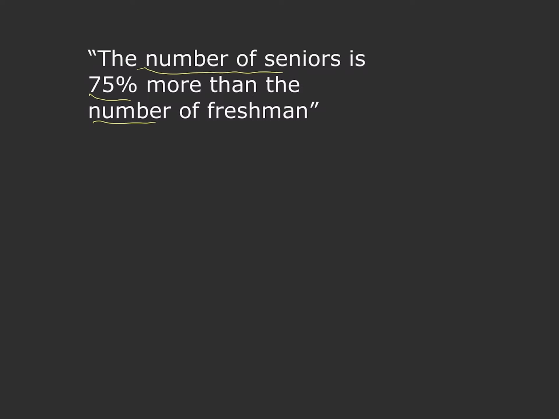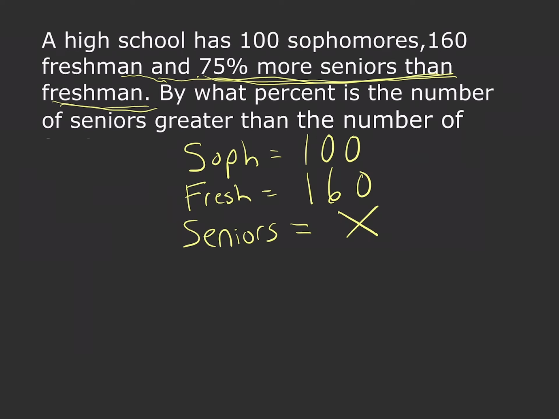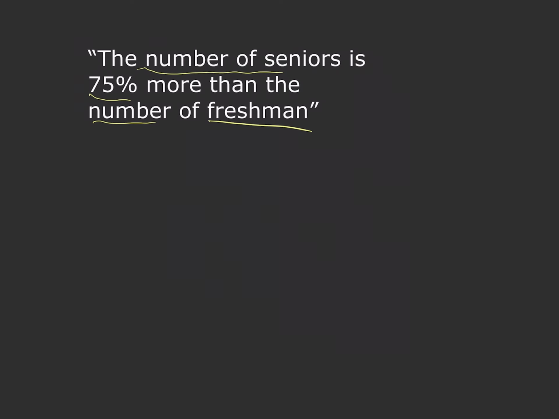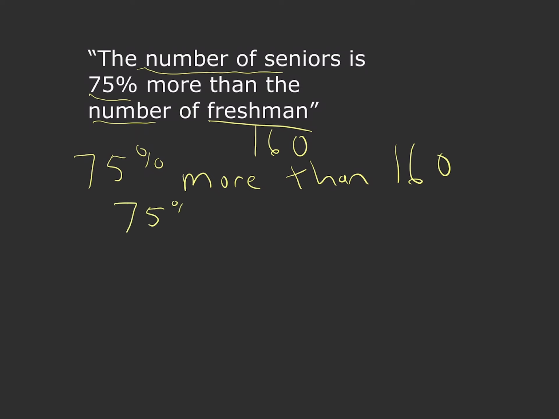I know the number of freshmen was 160, so what I need is 75% more than 160. First you have to find out what is 75% of 160.